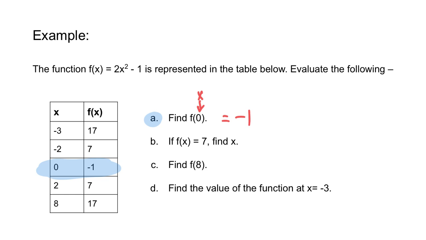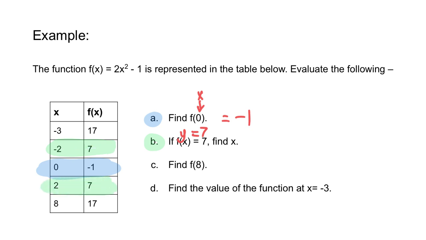Now in this next one, when they ask us to find where f of x equals 7, find the x, they're talking about where does the y equal 7, because f of x means the same thing as y. So we're trying to find the place where y equals 7. If I look at this, y is 7 here, and y is 7 right here.